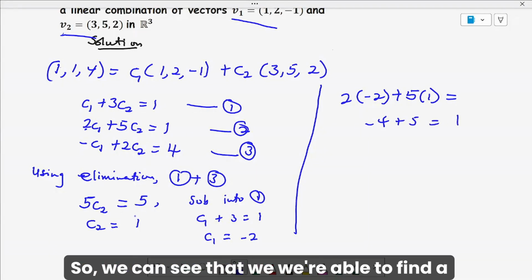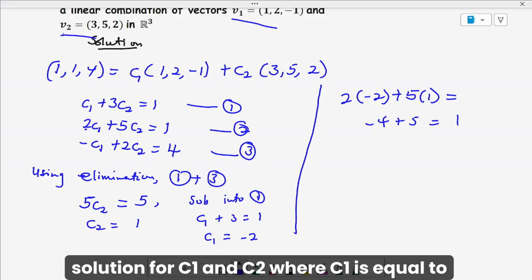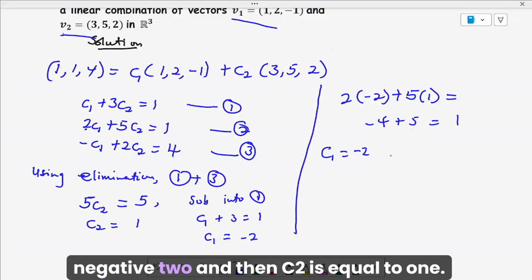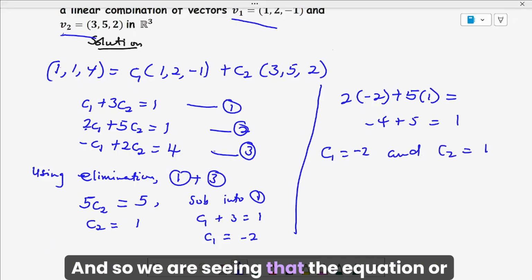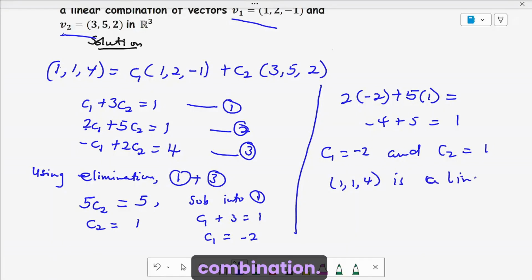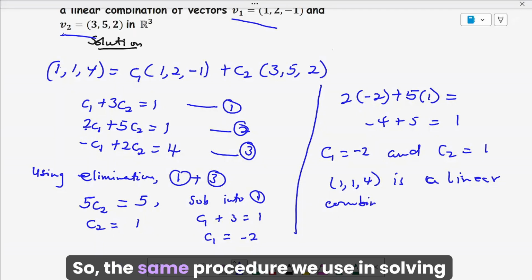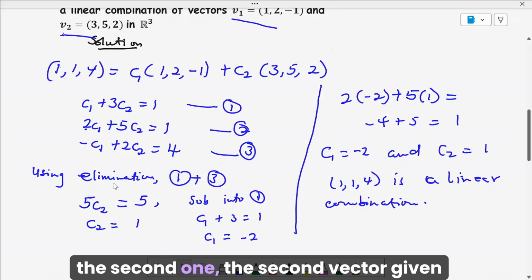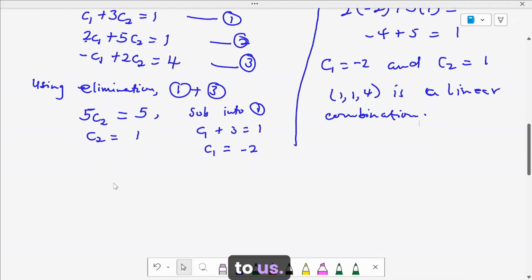So we have been able to find a solution for c1 and c2, where c1 is equal to -2 and c2 is equal to 1. And so we are saying that the vector 1, 1, 4 is a linear combination.